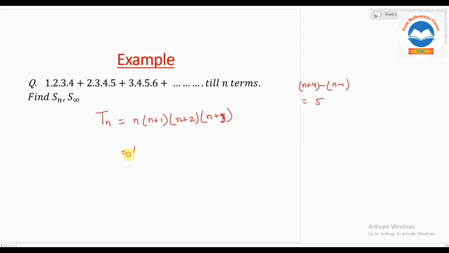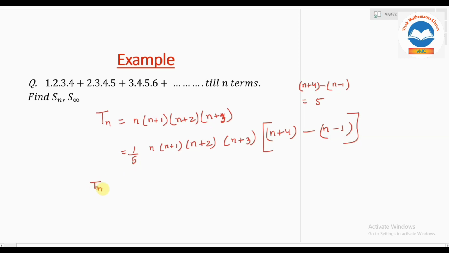So this will be 1 by 5 into n plus 1 into n plus 2 into n plus 3, multiplied by n plus 4 minus n minus 1. Now we'll split this.